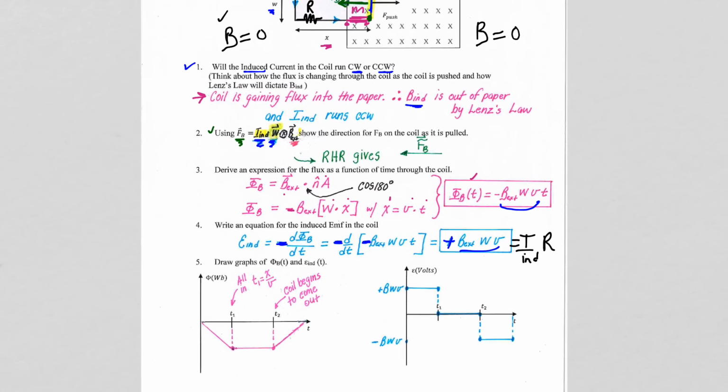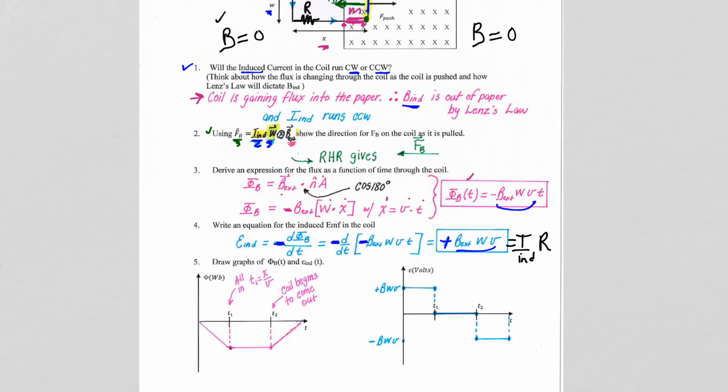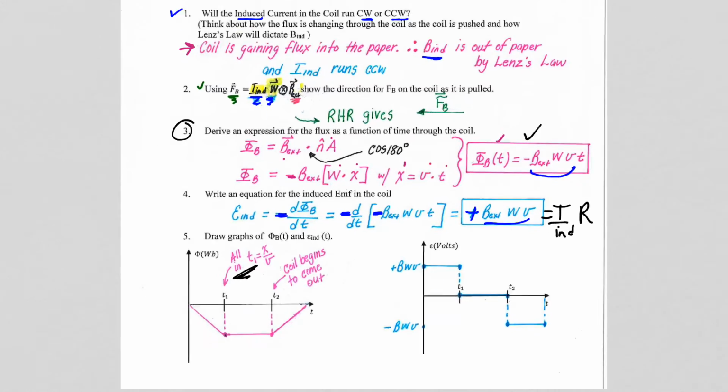Okay. Now, the last thing we're looking at are the graphs of the equation. So if we take equation 3 here and look at our equation for flux, this is the flux as we're moving into the B field. So please get this into your notes. The T here, that T1, is important.